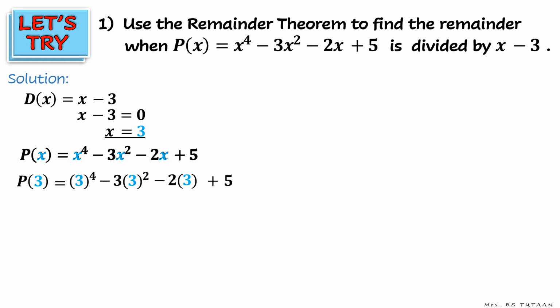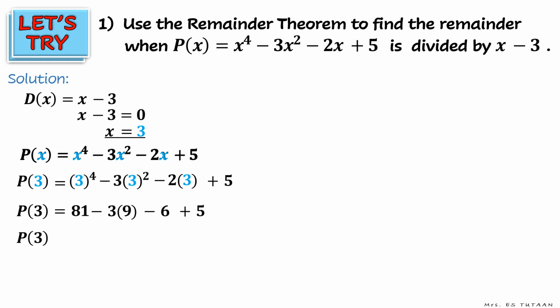And then we will simplify the exponents. So that is p of 3 is equal to 3 raised to the 4th power is equal to 81. And then 3 squared is equal to 9. So that will give us negative 3 times 9. And then negative 2 times 3 is negative 6 plus 5.